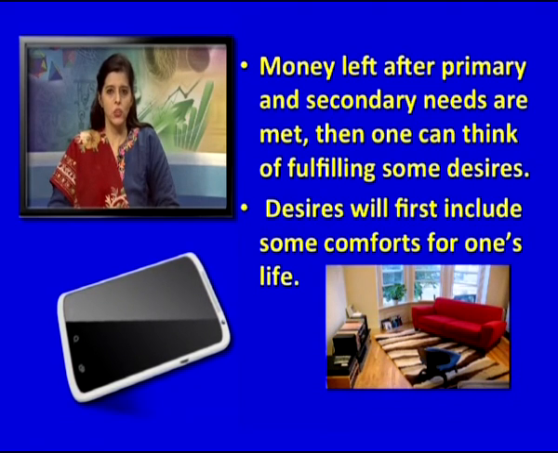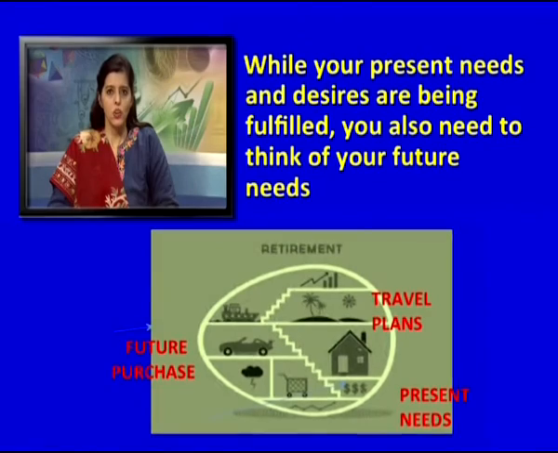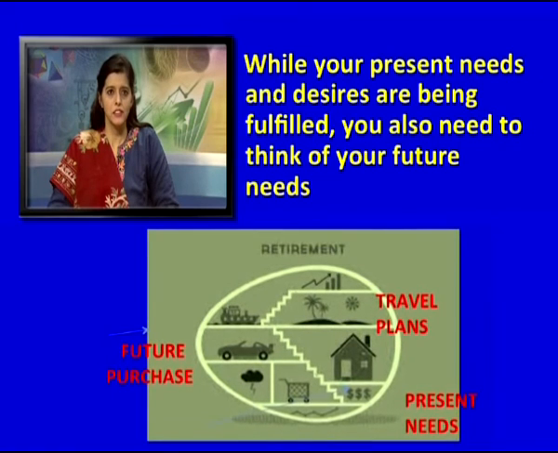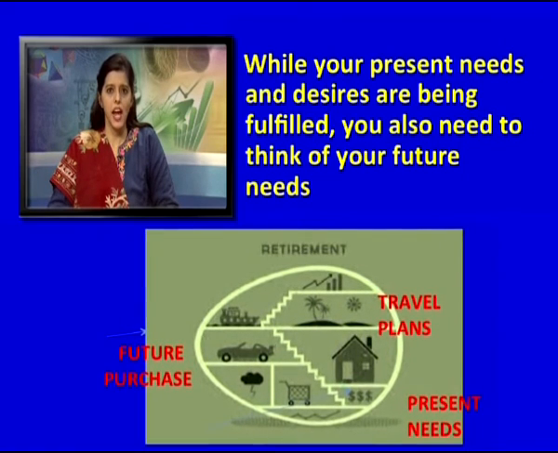Desires will first include some comforts for one's life. While your present needs and desires are being fulfilled, you also need to think of your future needs like future purchase, retirement plans, your travel plans.